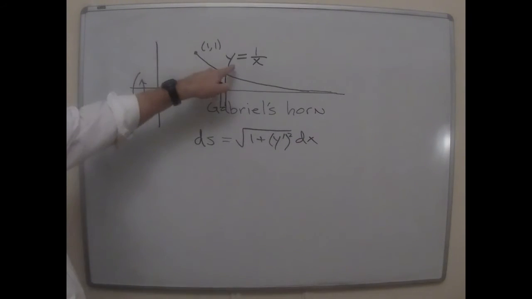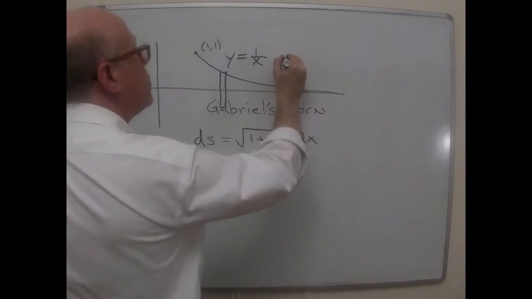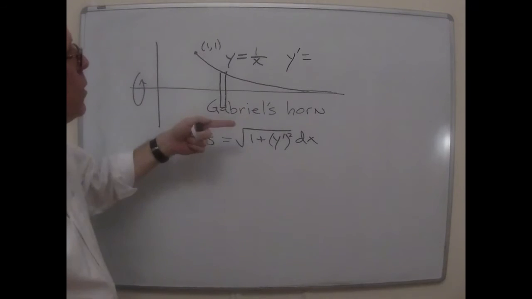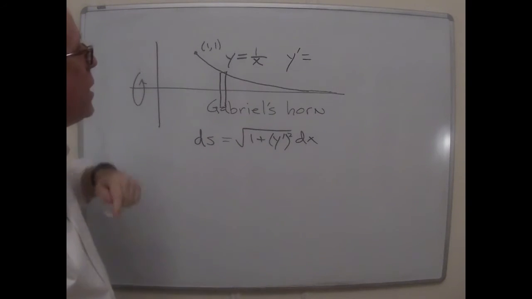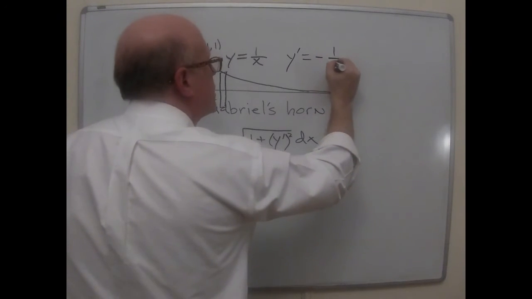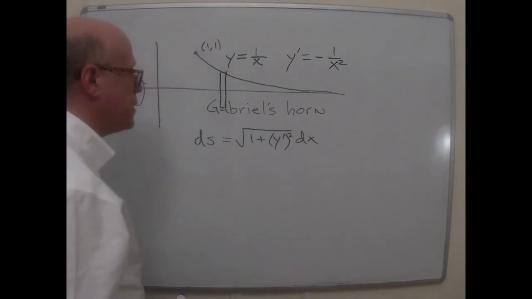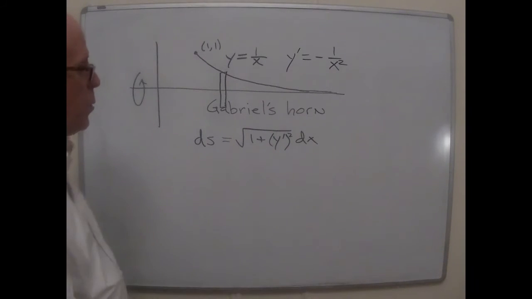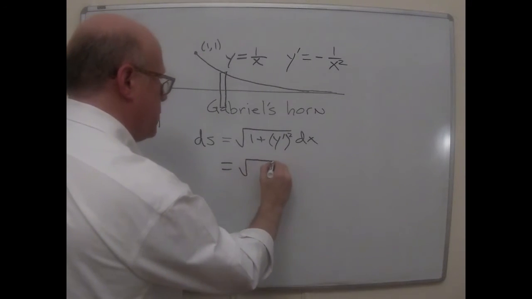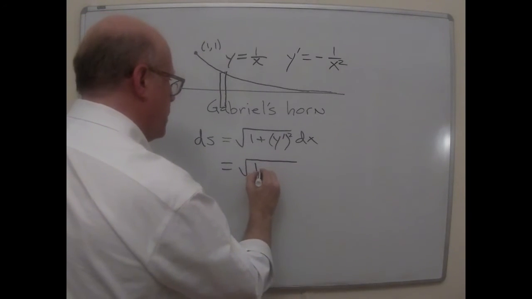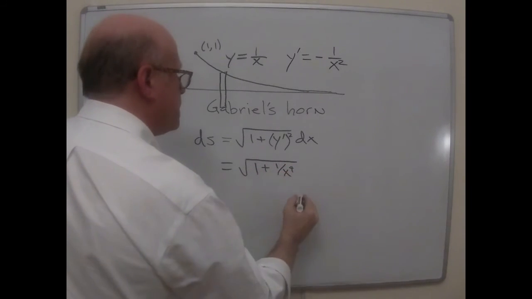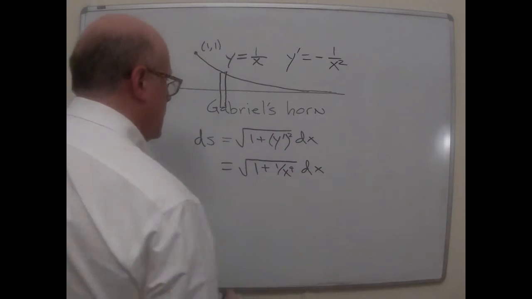And for us, our y was 1 over x, so y prime is, that's like x to the minus 1 power. Subtracting 1 from the power, you get minus 2 power. Put a minus 1 out front: negative 1 over x squared. So that's what goes into where y prime is. Okay? That means this differential arc length is square root of 1 plus 1 over x to the 4th power dx.